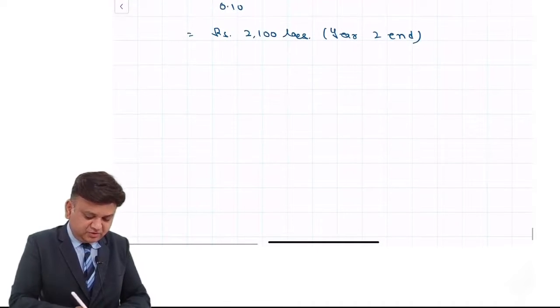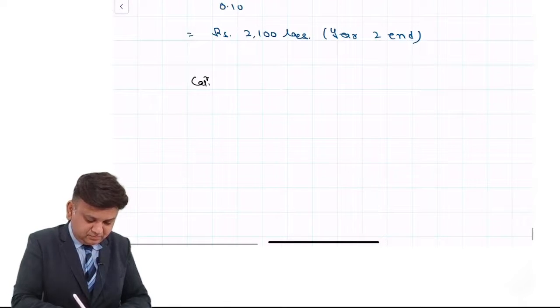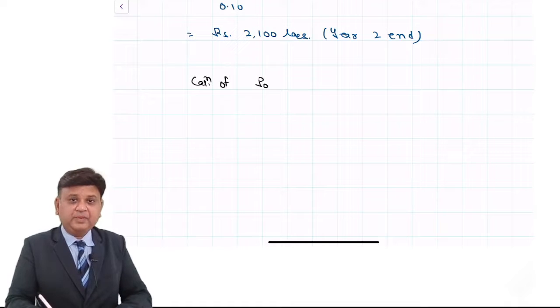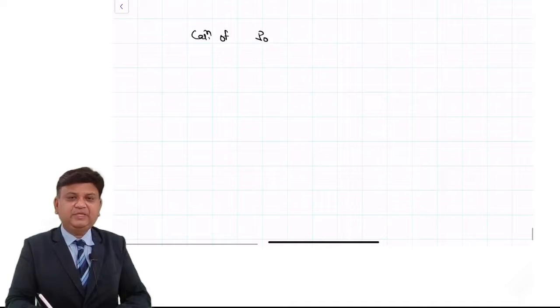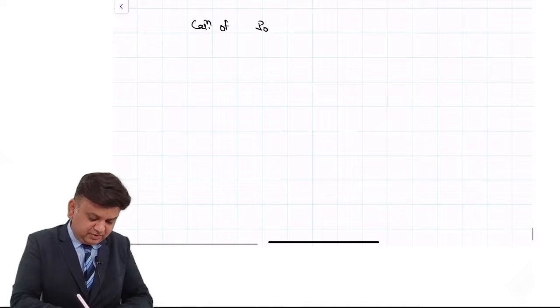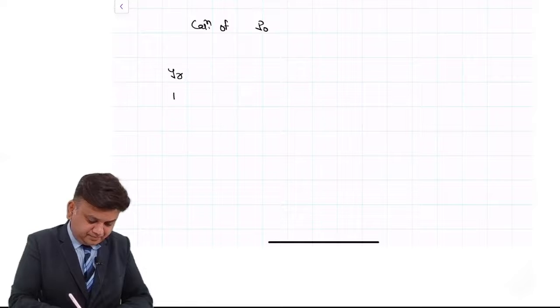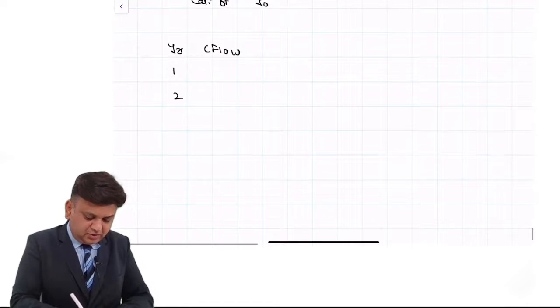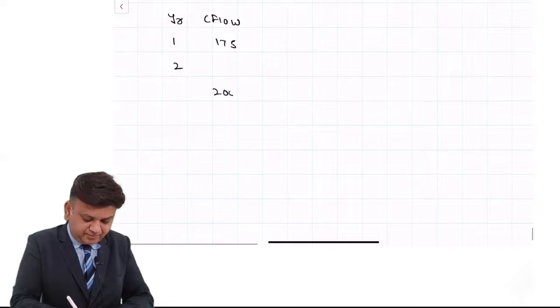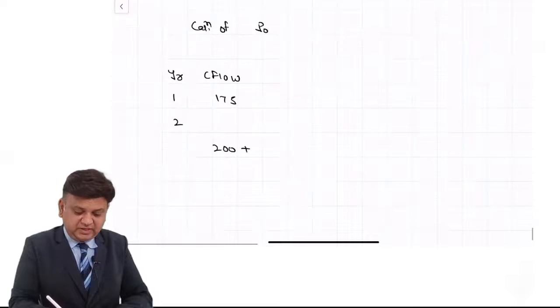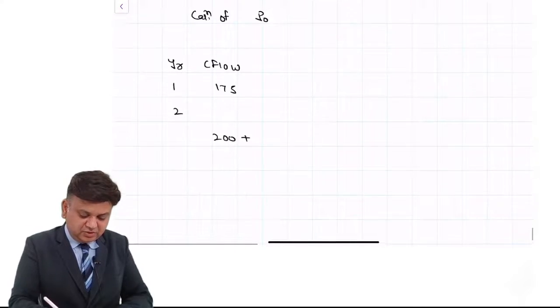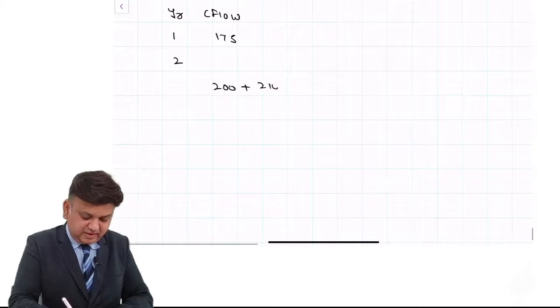Next is calculation of P0. As far as the P0 is concerned, P0 stands for value of Yes Ltd before acquisition of No Ltd. In that, cash flows: first year end it is 175 lakhs, second year end it is 200 lakhs plus 2100 lakhs.